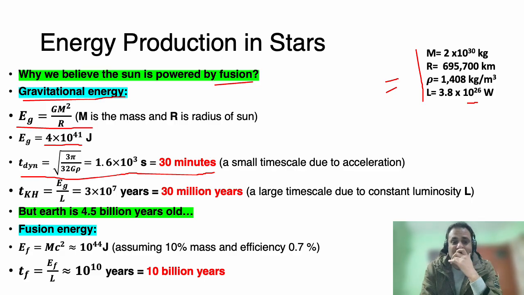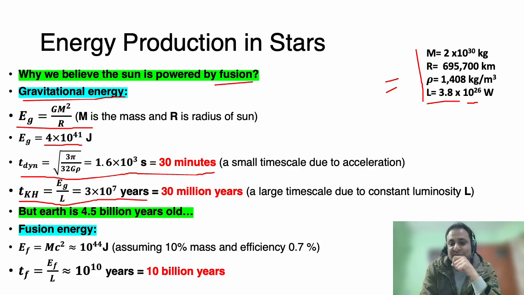Now suppose that the sun releases the gravitational energy on the Kelvin-Helmholtz time scale. So it means that the sun will keep emitting the energy, but at this rate. So L is it.